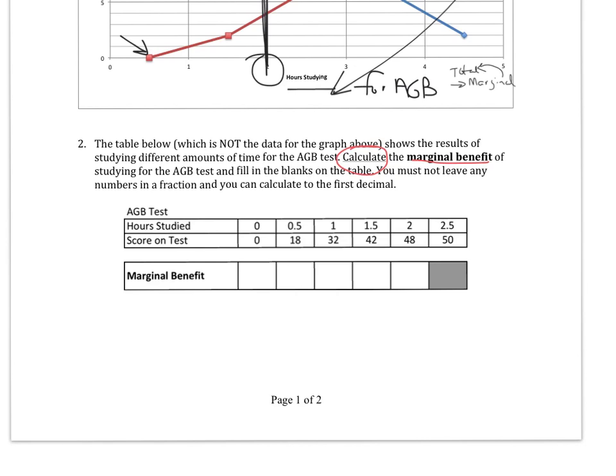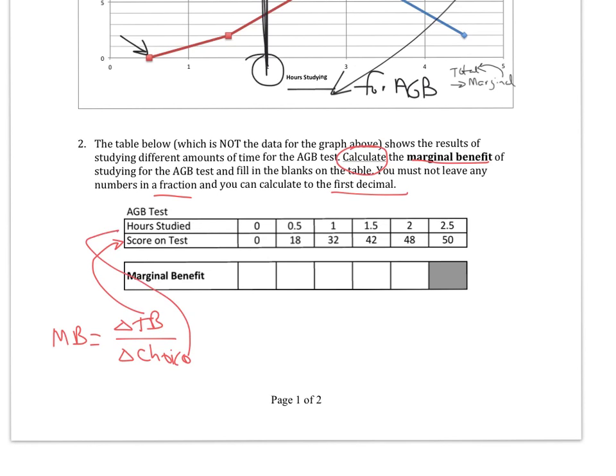You're using your calculator. And I say you must not leave any numbers in a fraction. So again, I don't like fractions. Calculate, and I tell you to the first decimal. So again, marginal benefit, we've said before, is change in total benefit over the change in the choice variable, right? So total benefit, that's your score on your test.